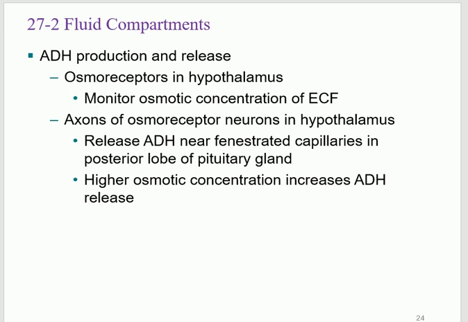There are also monitors in the hypothalamus that detect the osmotic concentration of the cerebrospinal fluid as well. If it goes up, release ADH, reabsorb water, diluting and returning osmotic pressure back to normal. Clear?